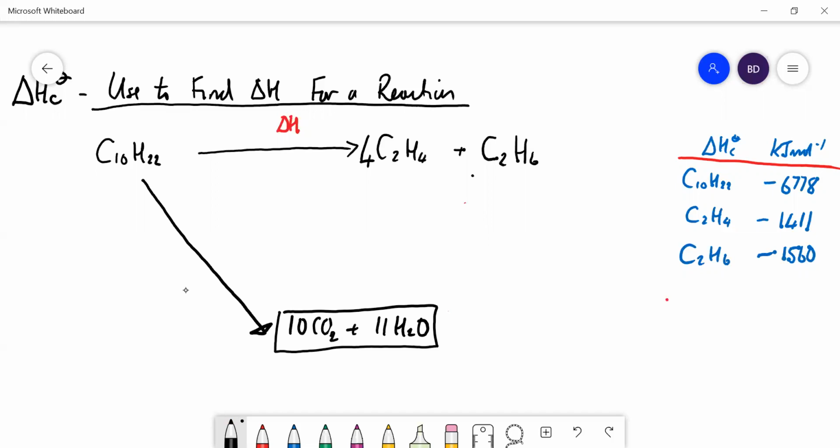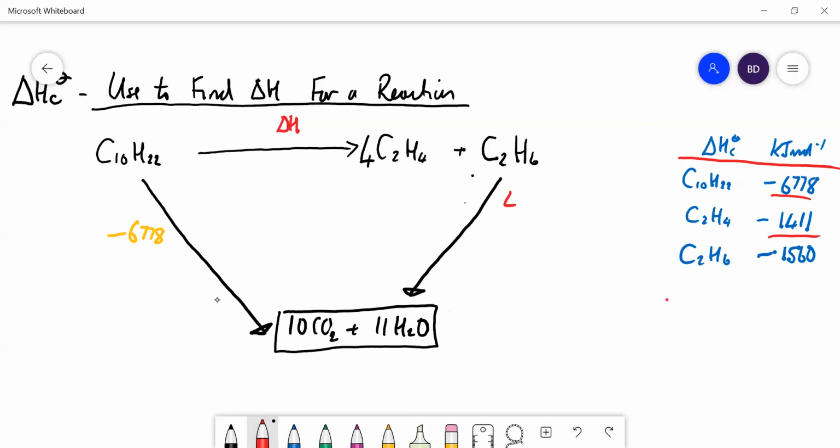and look at the value over there. It tells us it's minus 6,778. So let's write that down there. Minus 6778. And let's look at this one here. So this arrow here, what we're doing there, we're burning 4 moles of ethene, and each ethene, you'll get this much out when you burn 1 of ethene, so there's 4 of them.